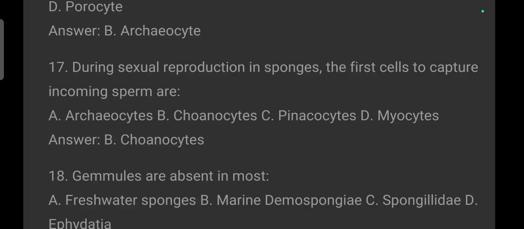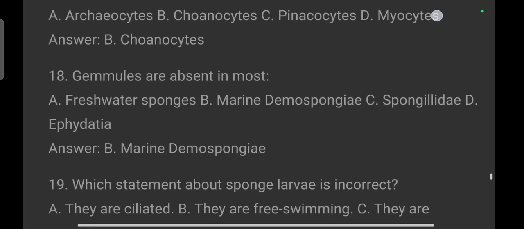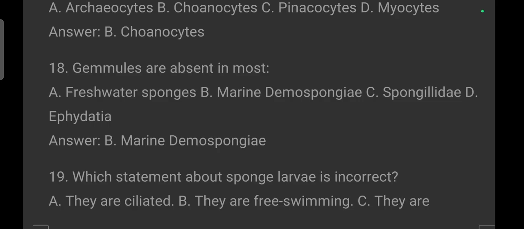During sexual reproduction in sponges, the first cell to capture incoming sperm is archaeocyte, choanocyte, pinacocyte, myocyte. Answer is choanocyte. Gemmules are absent in most freshwater sponge, marine Desmospongia, Spongilla, and Ephydatia.